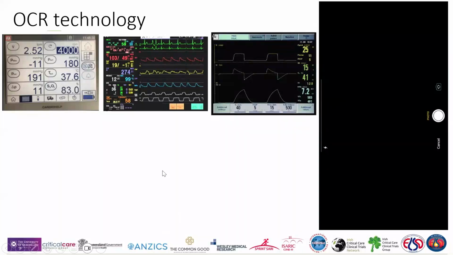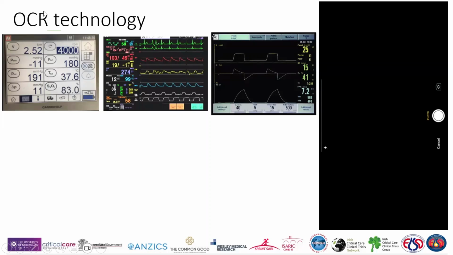So normally you'd have these kinds of data from monitors in the critical care setting. When you think about transposing data from these settings into an Excel spreadsheet or a database, whatever REDCap, whatever data format you're using, there is high chance of introducing errors.